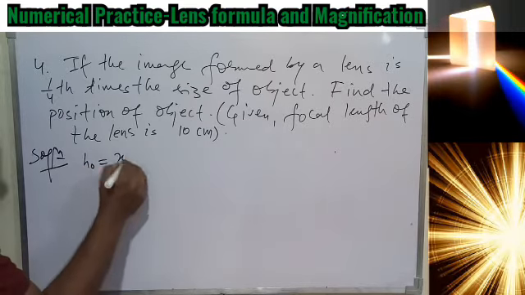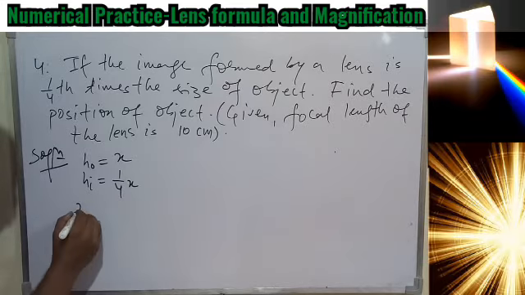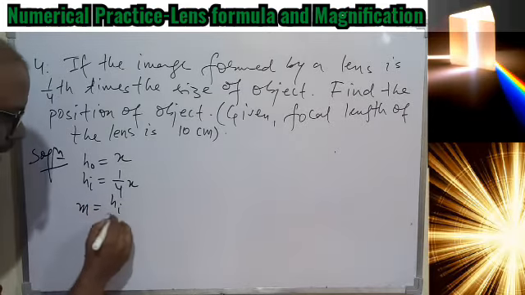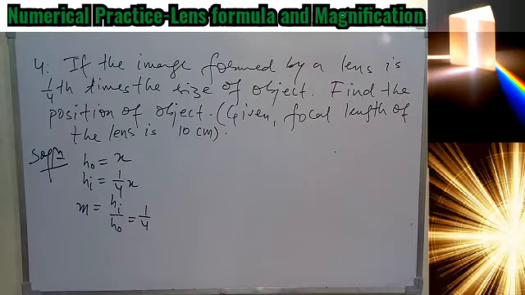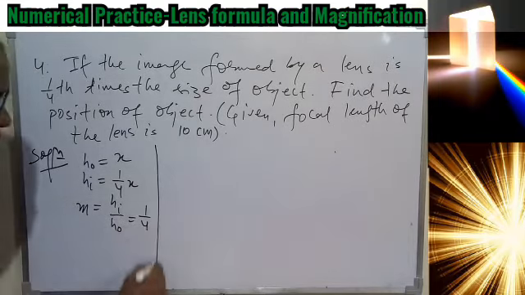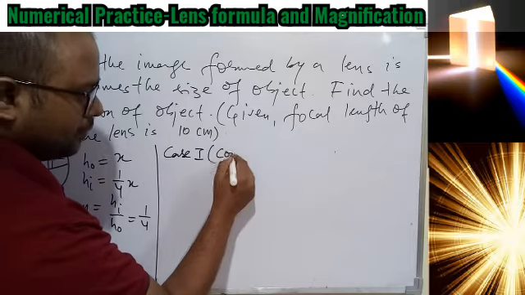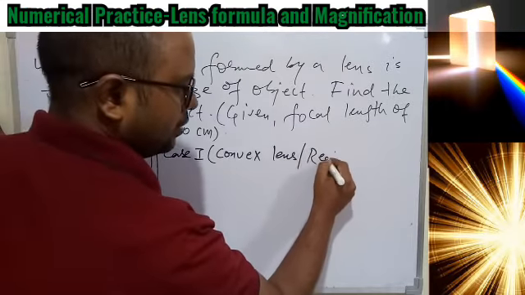Okay. So very first, let's write down. If the height of the object is x, the height of the image will be 1/4 x. So magnification will be nothing but 1/4. I'm directly writing height of image by height of object. That will be 1/4 only, no doubt. Now this can be real or virtual depending upon the condition. And let's go for case 1, that is, convex lens and real image.